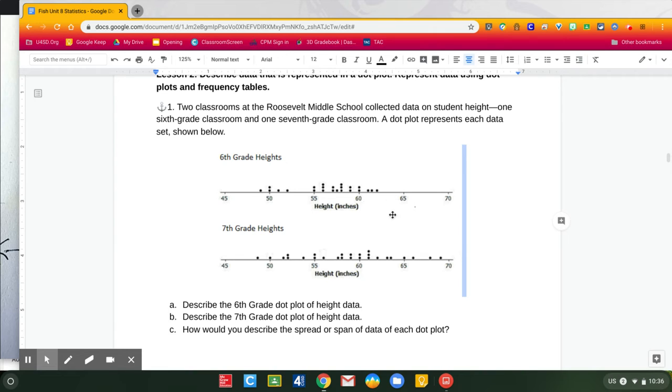So I would describe the 7th grade heights as being much more spread out than the 6th grade heights, which, as I said, are clustered in 2 places with a greater cluster here. Although I noticed that the majority of the 7th grade heights are just a little bit more than these 6th grade heights, and nobody in 6th grade is up where the tallest 7th graders are.